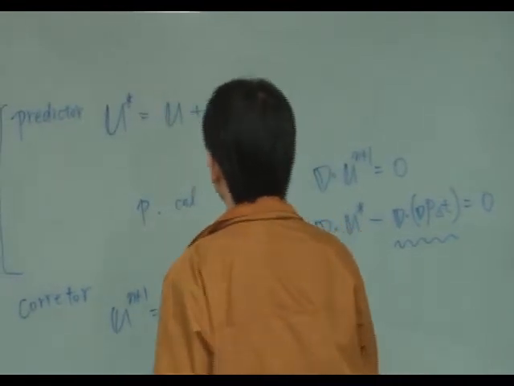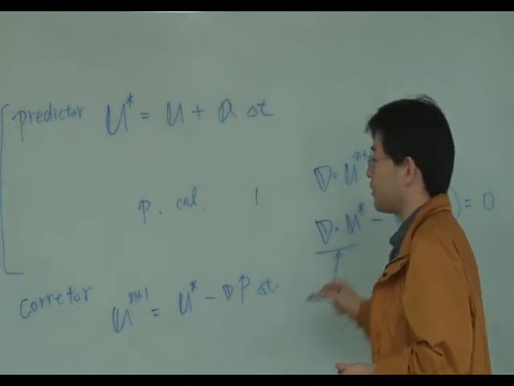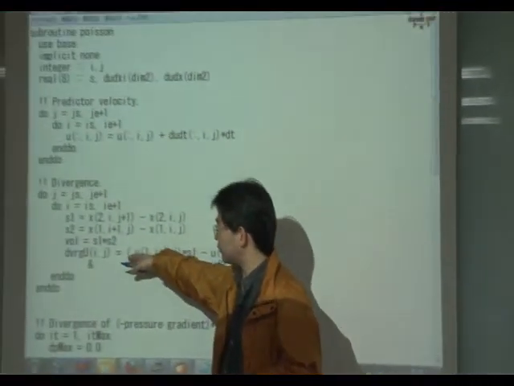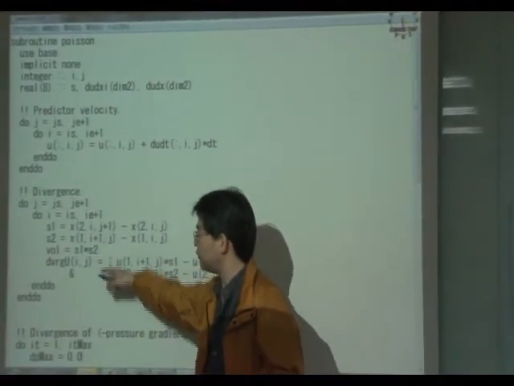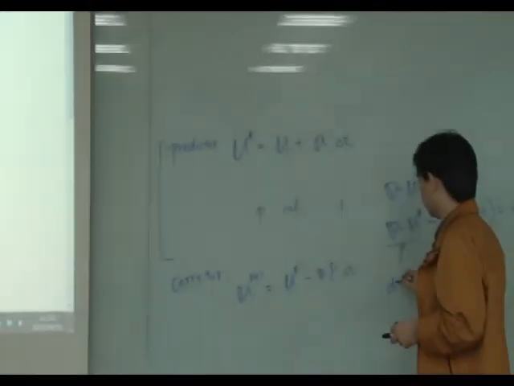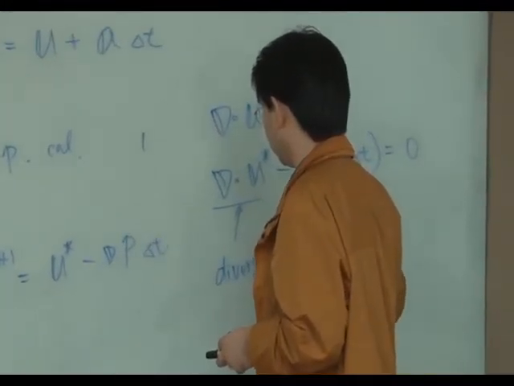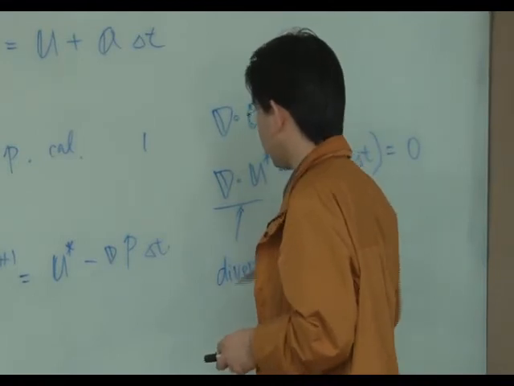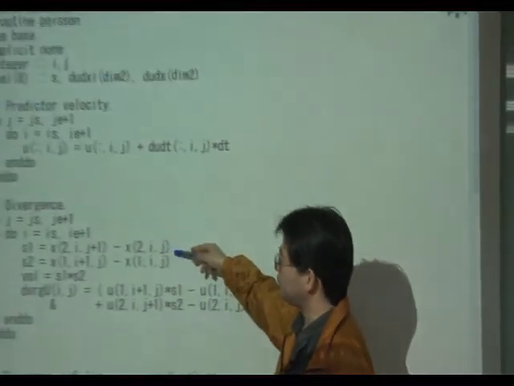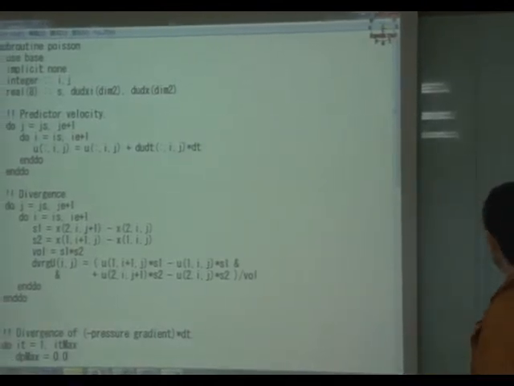For this purpose, the first thing is this one. It is divergence. It is called divergence U in this programming code. The process is to get the area vector of the control volume.